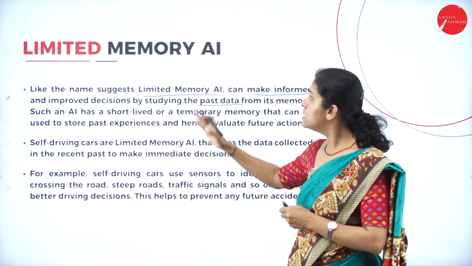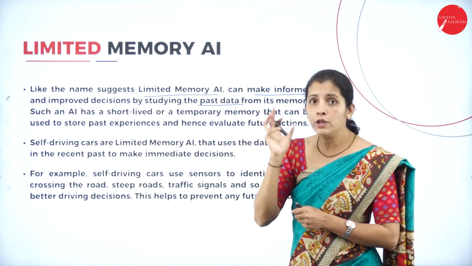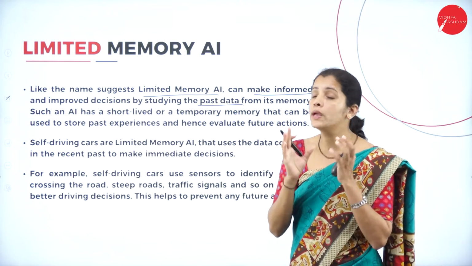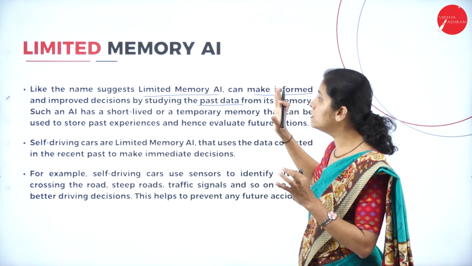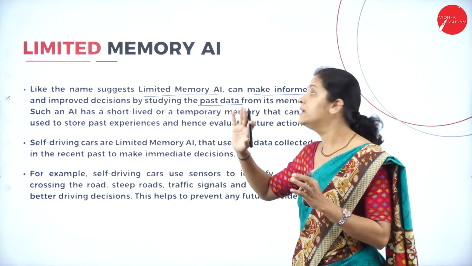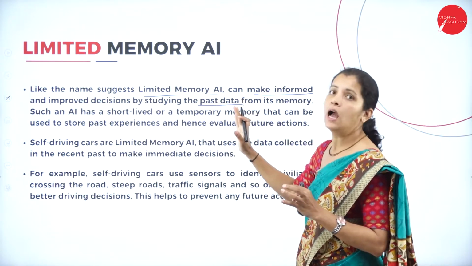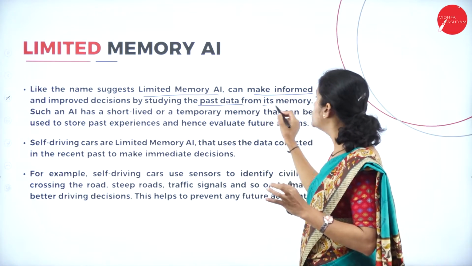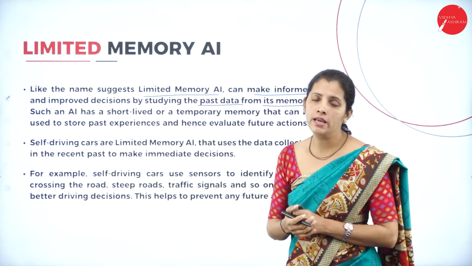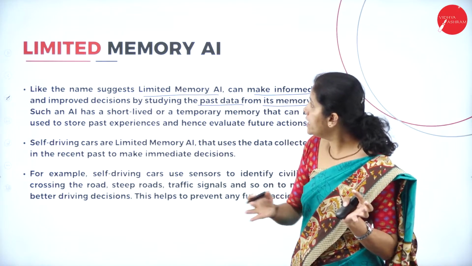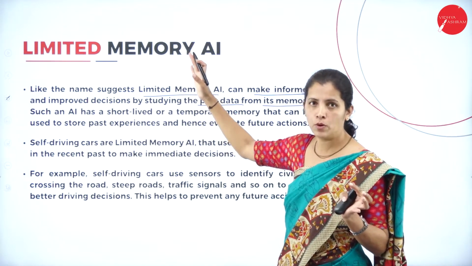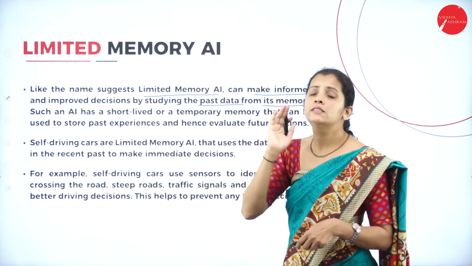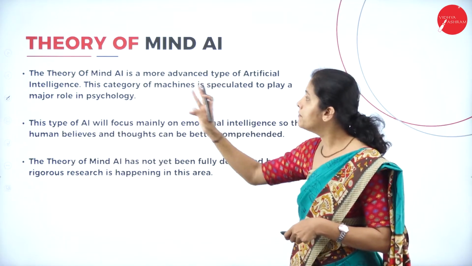If I consider limited memory, by using past data, we are able to make improved decisions. And all this past data is stored in the memory. And what kind of memory? It is limited memory. So dear students, just make a difference here.